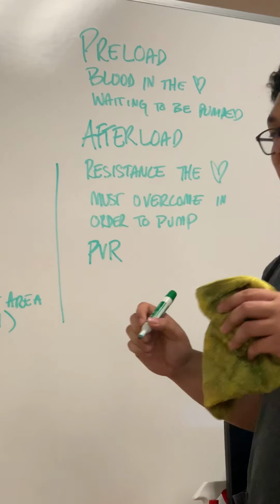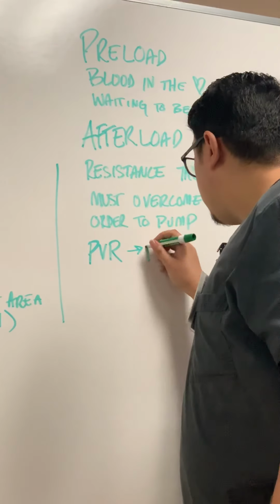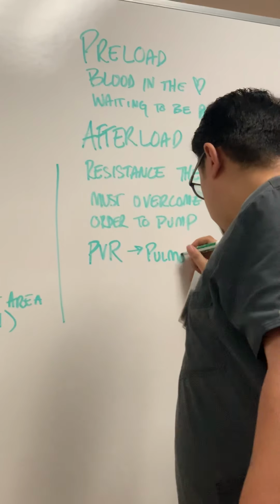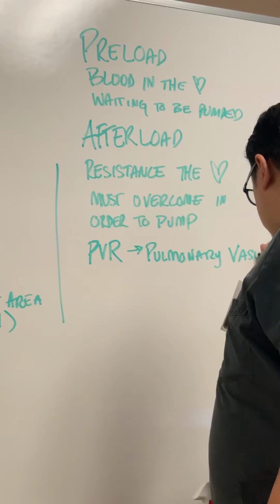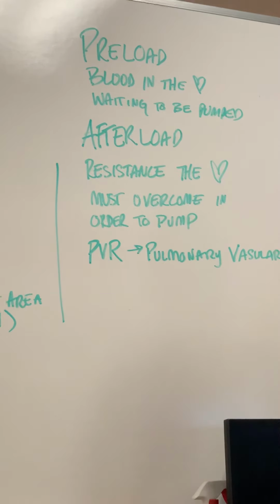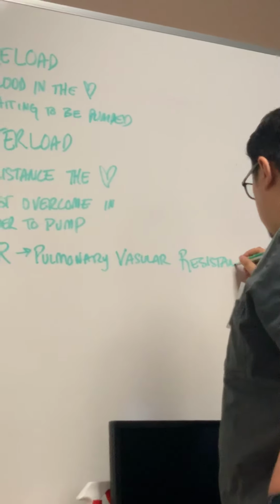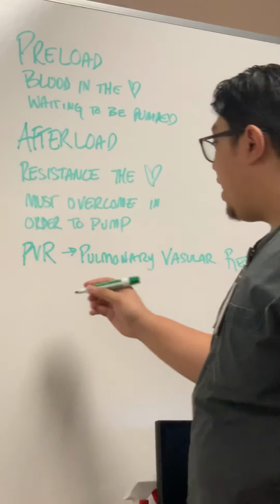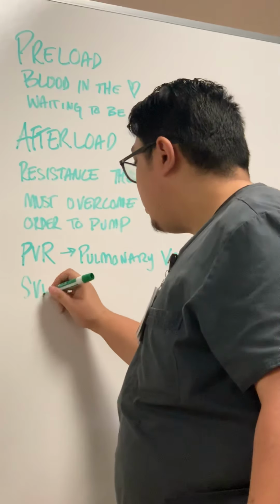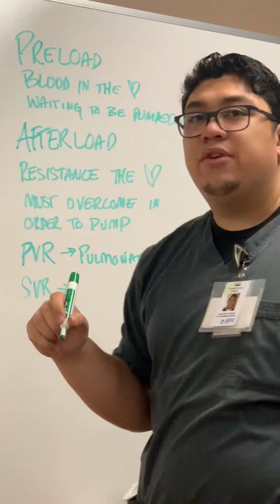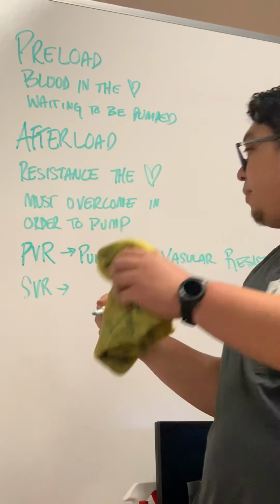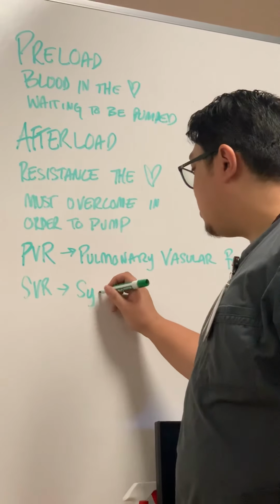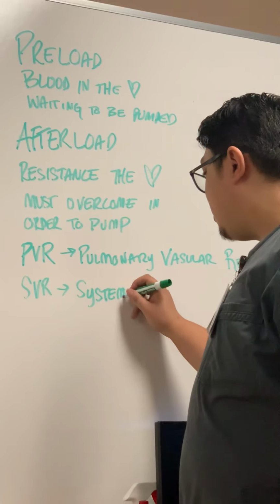Pulmonary vascular resistance. And now we have SVR, which is how much the left ventricle must overcome. What does SVR stand for? Systemic vascular resistance. Did you guys learn this already? Yes. No.